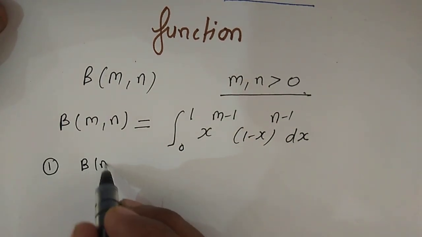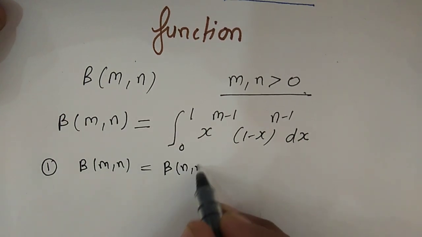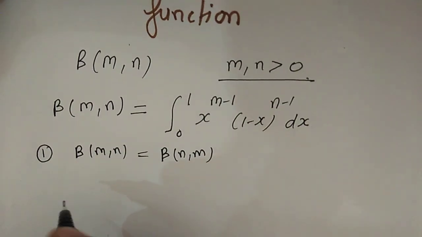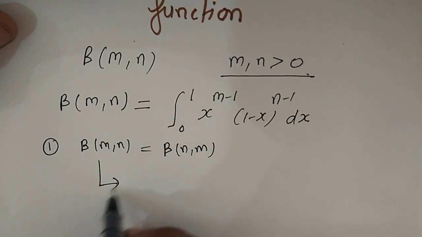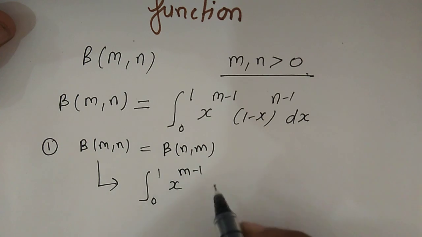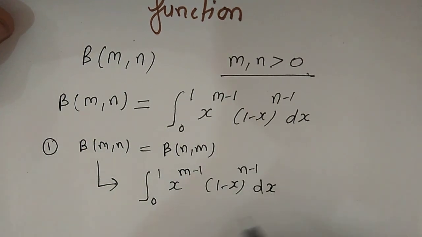B(m, n) equal to B(n, m). We can see this very easily. B(m, n) equal to integral from 0 to 1 of x^(m-1) (1-x)^(n-1) dx.